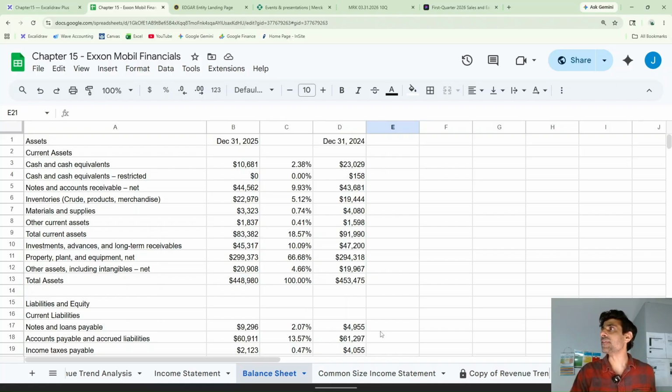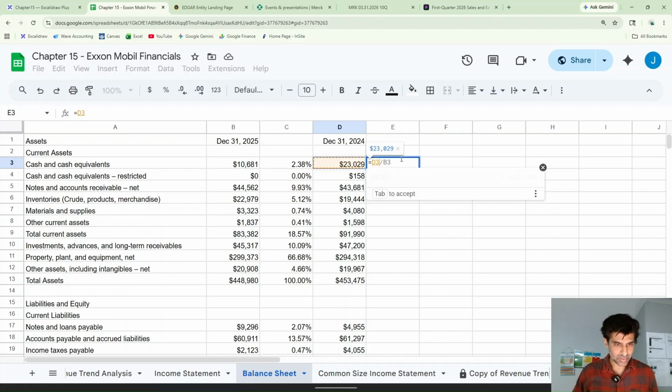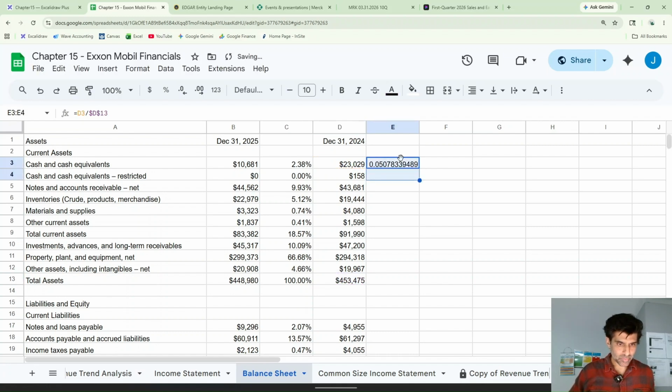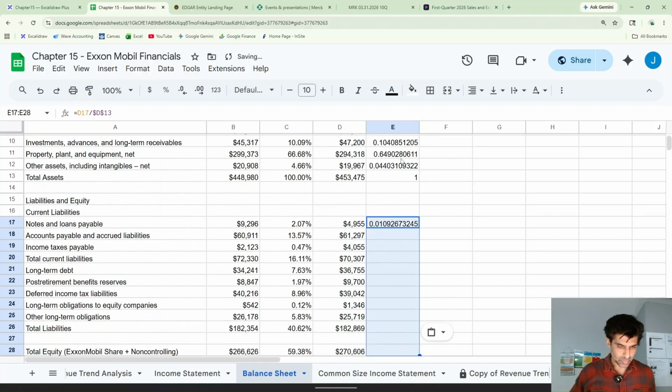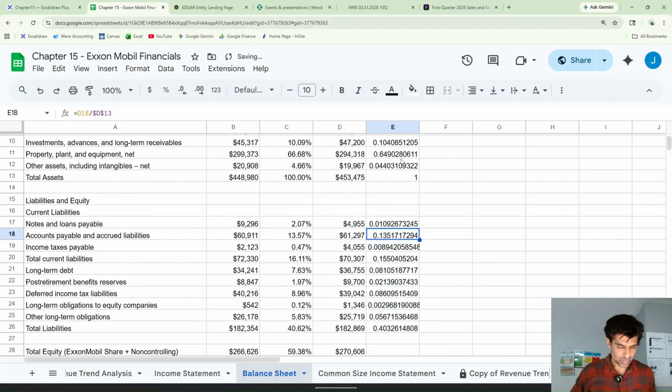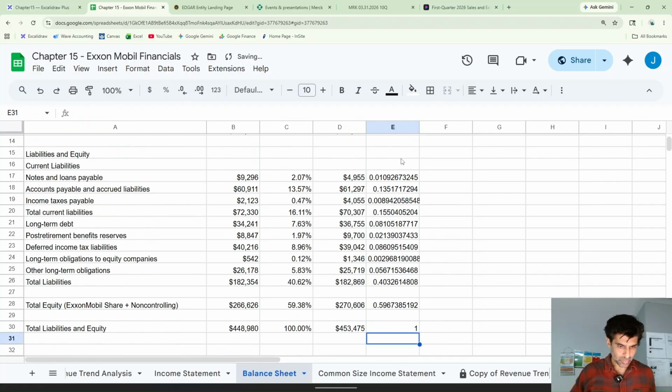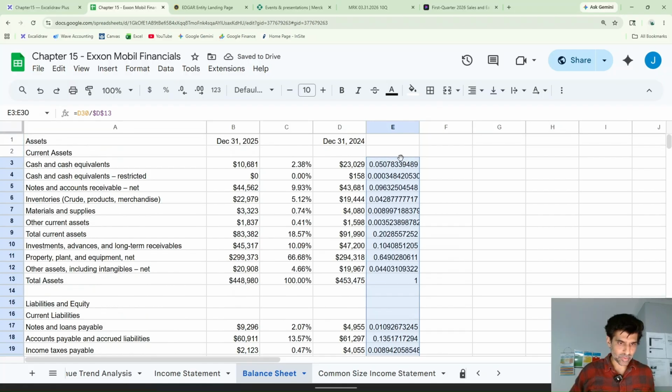Okay. So let's just do it to see what has changed. I'll turn all these into percentages to make it more readable.